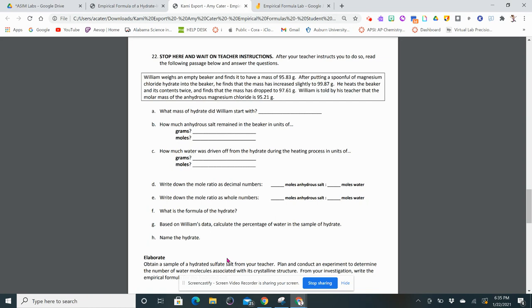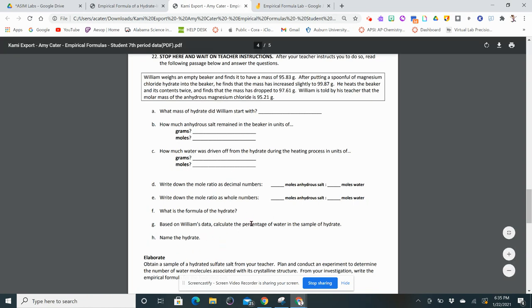So you're going to tell me how many waters there are by the prefix. All right. And as you go through and do these calculations, it's going to get you to figuring out how many waters were attached to this magnesium chloride in the first place.